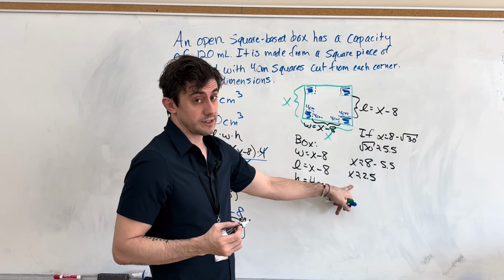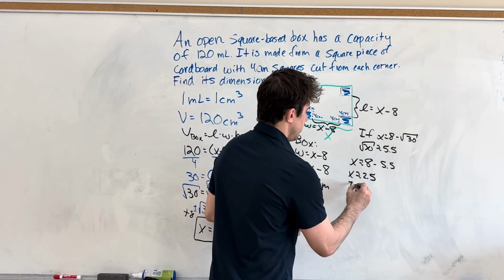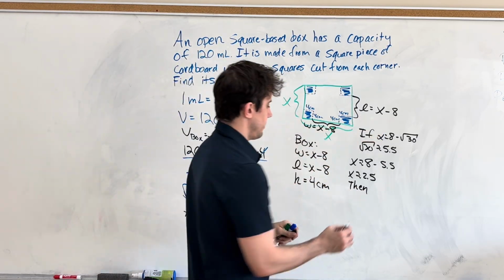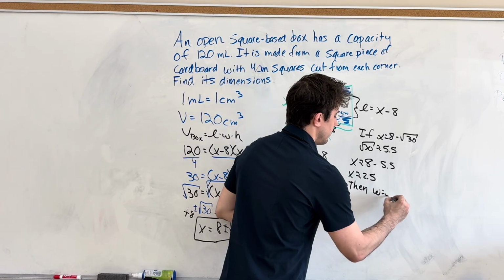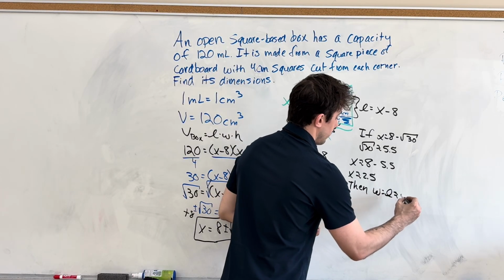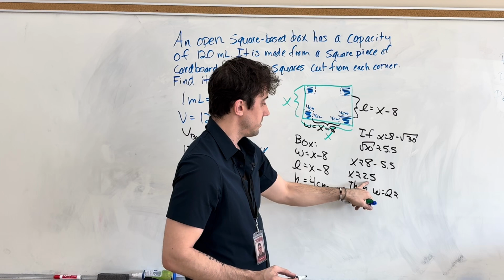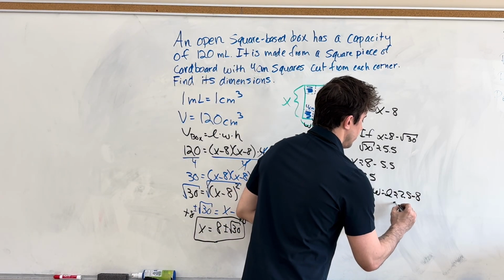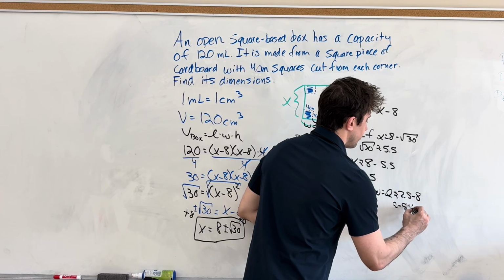And if x is roughly 2.5, then its width along with its length would be around x minus 8, meaning around 2.5 minus 8, which would be around negative 5.5.